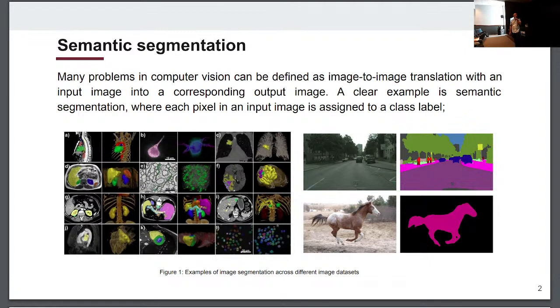Some applications in medical imaging are to detect organs, anomalies, or tumors. There are other applications, like autonomous vehicles, where it's necessary to classify at a very fine level a car, the road, people, and other general purpose applications.